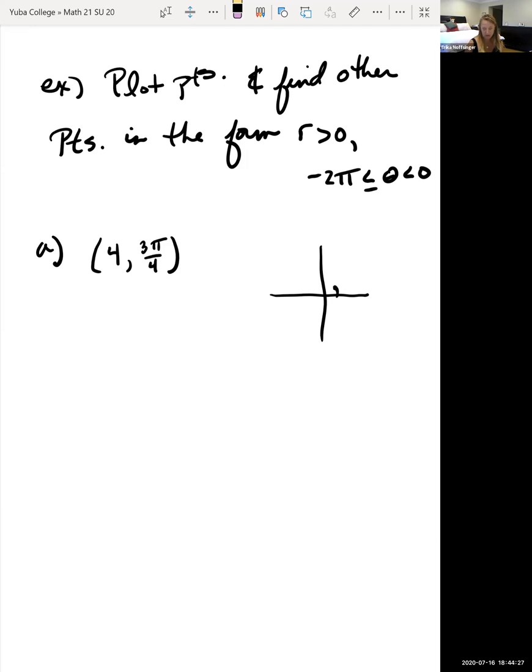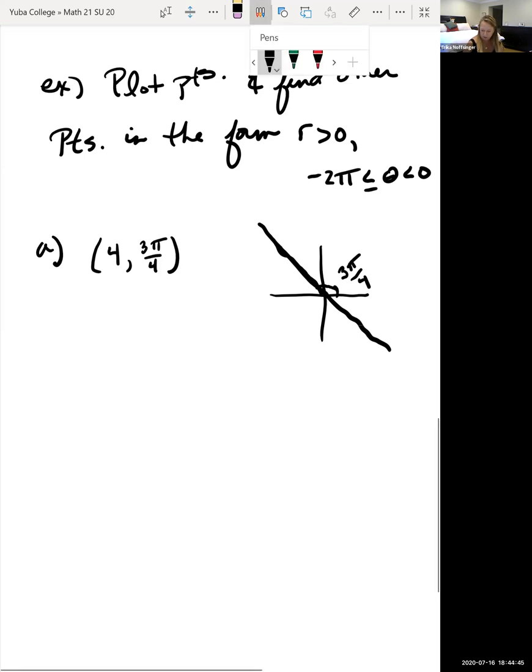That's going to bring us into the second quadrant. From there, we can draw a line. And it tells us that we're going to go 4. So that point would be right here.